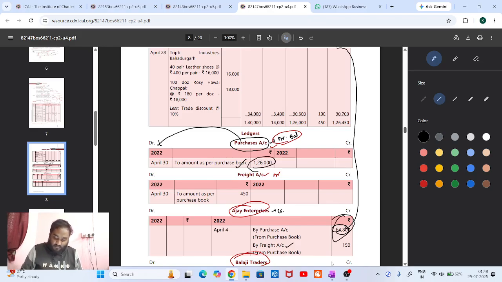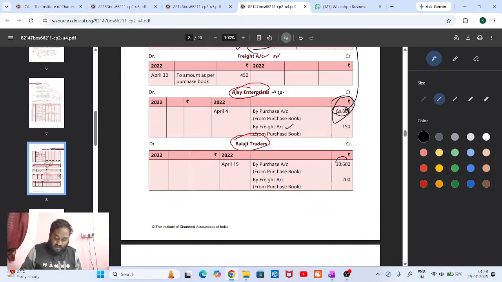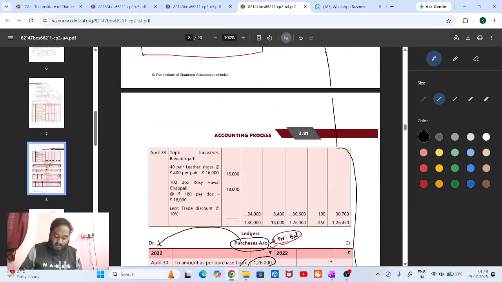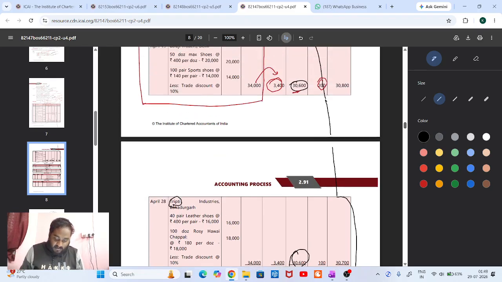Total of this and this and this. They said purchases account debit to Lavanya Tripathi, to Balaji, to another. This is the journal entry. In Lavanya Tripathi's account, by purchases, Lavanya Tripathi balance is 30,600. This is the balance.